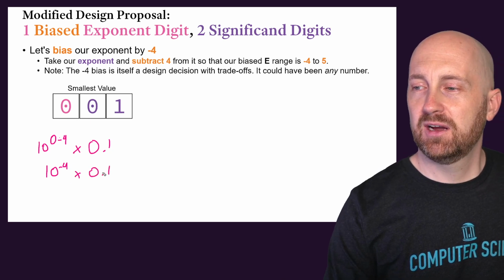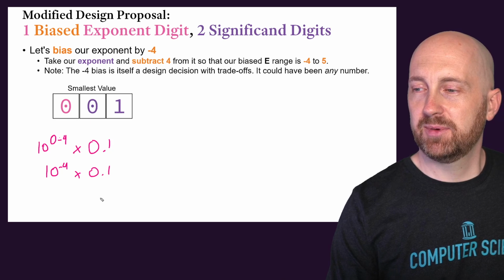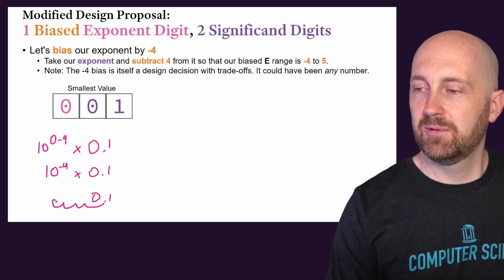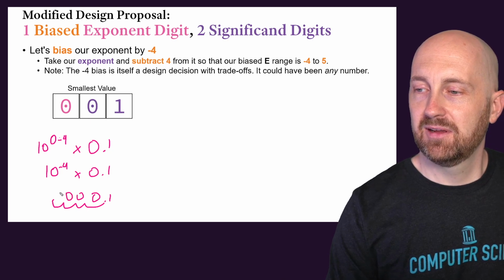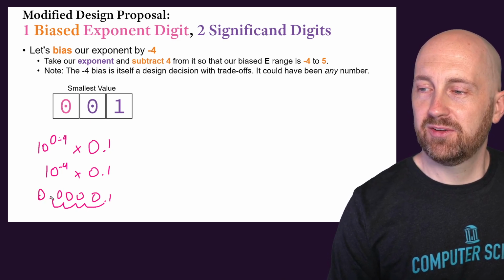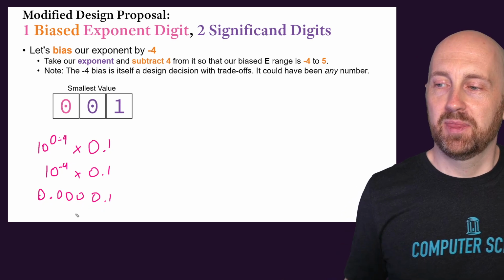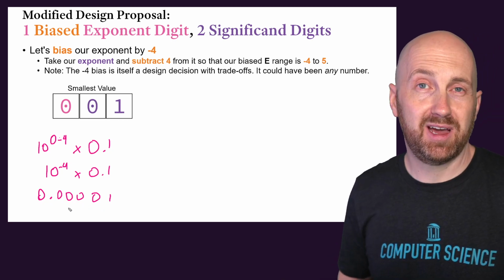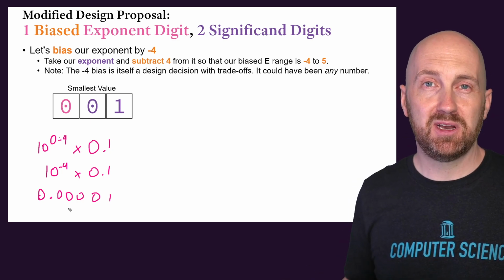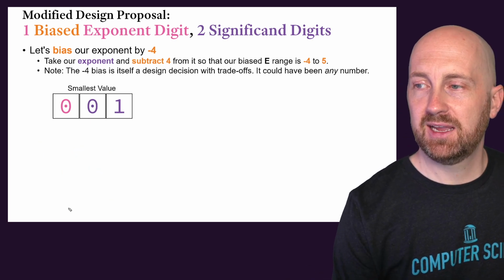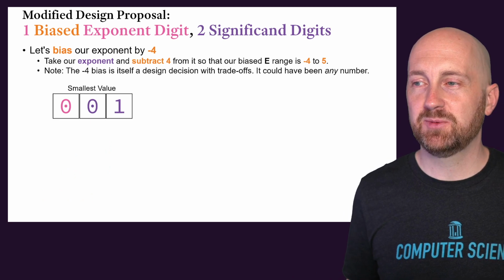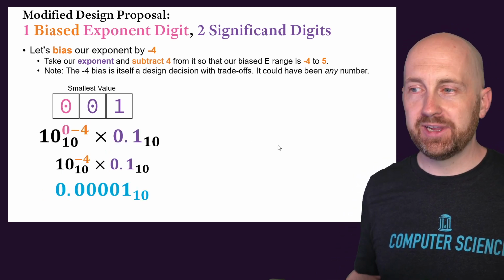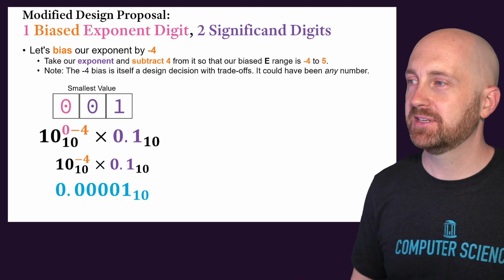And of course, if we think about 0.1, 1, 2, 3, 4, we're going to have a number that is ultimately 4 zeros followed by a 1 in our decimal position. So notice we've got much more precision. We can represent numbers much closer to 0 in this scheme because we have the ability to specify negative exponents with this bias, right? And so we can compute that out just like shown on the slide.